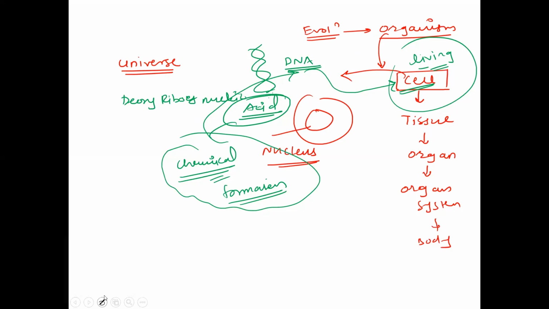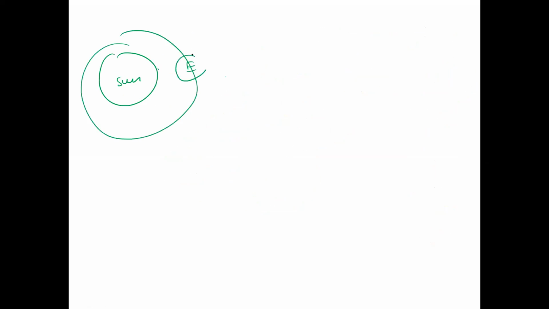So let's see here. I can say at the first point that we have the sun, or we have the earth, a solar system, and the earth is a part of that solar system. So initially this earth is made up of hot gases, right?